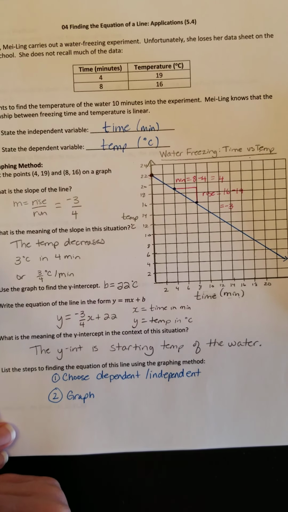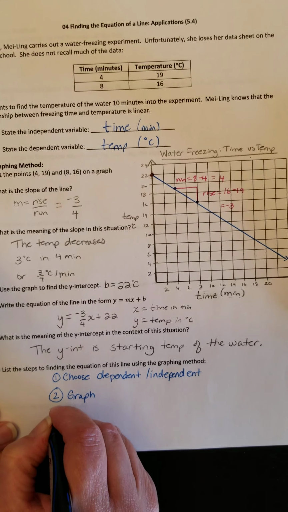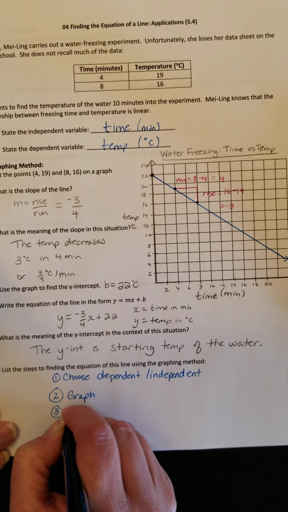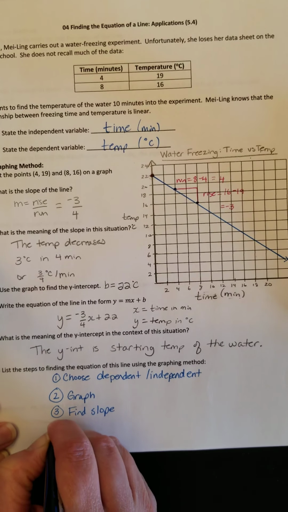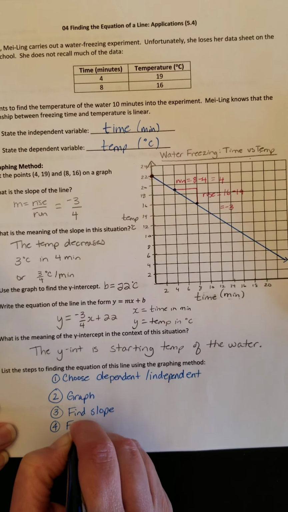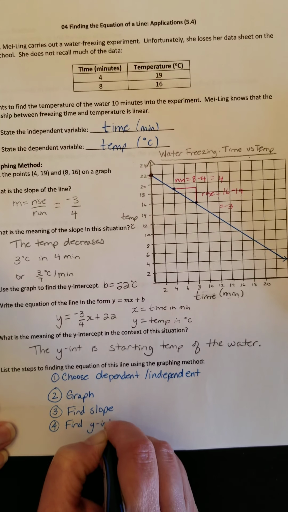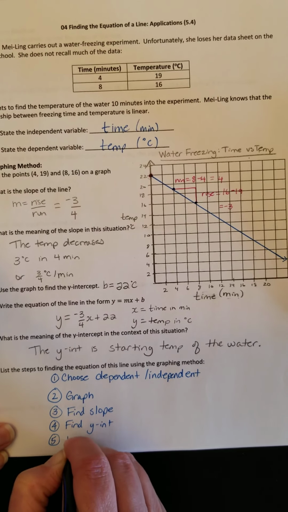And the following steps are just what we did before when it wasn't word problems. So then we find slope. Then we find the y-intercept and write the equation.